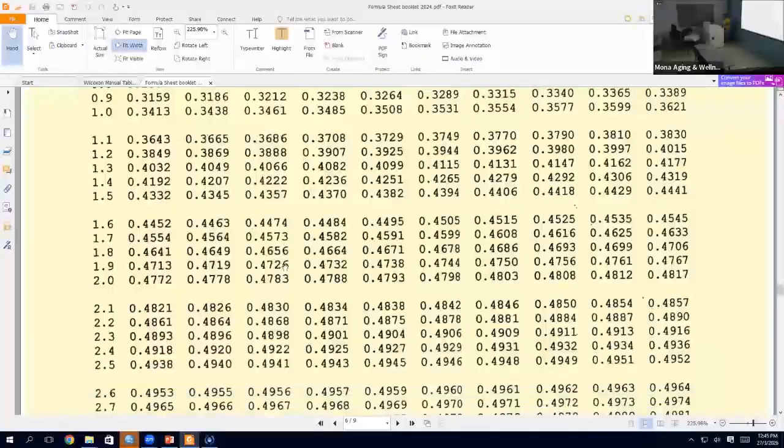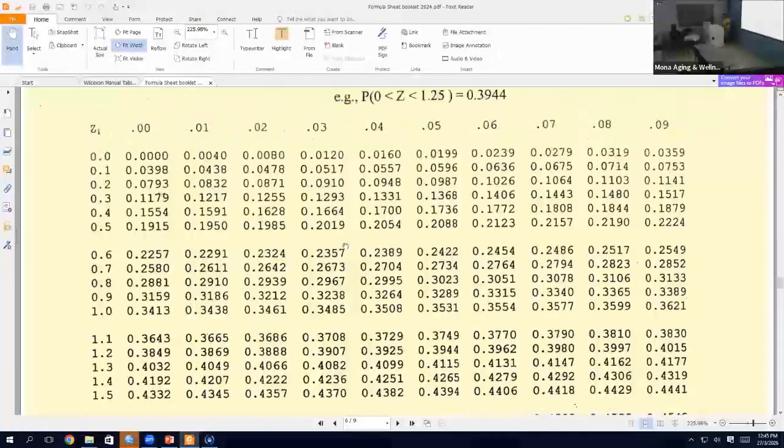We're looking for Z equal to 2.1 on the left and 3 up here.